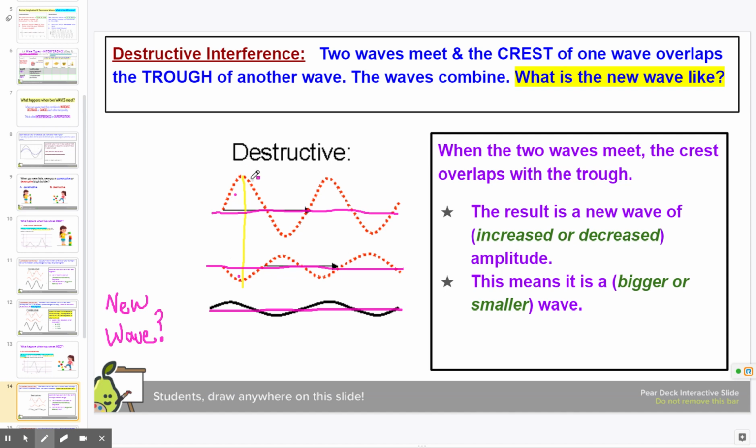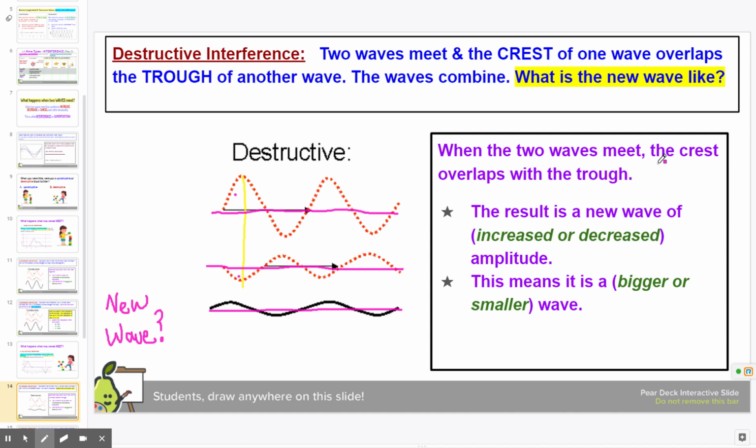When we add a hill and a hole together, some of that hill is going to disappear into the hole. So we're going to be left with a very small mound of dirt, so to speak. The wave is going to be very much reduced.